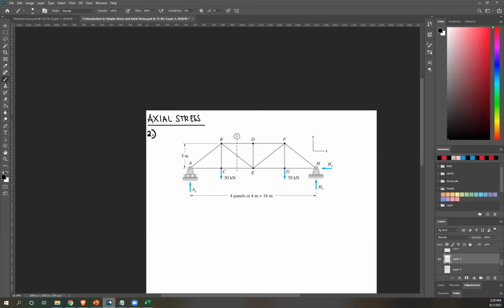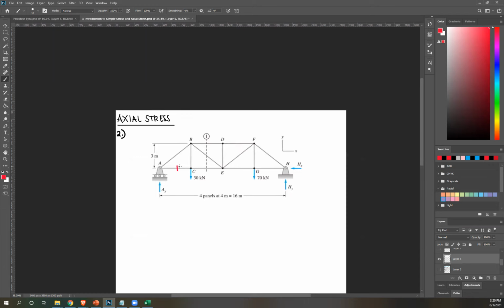So let's note it was AC and BD, right? Just as a reminder of what I'm solving for. And then let's also write the given area, 900 millimeters squared.